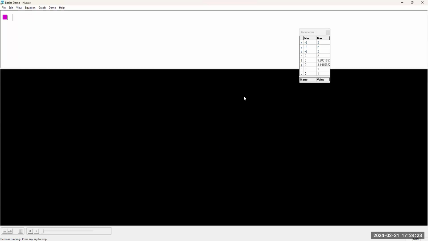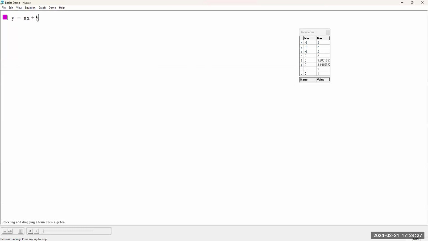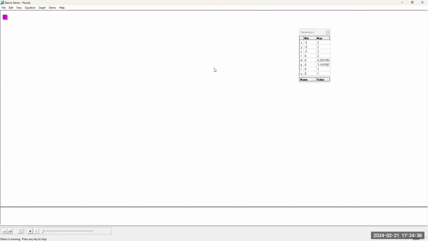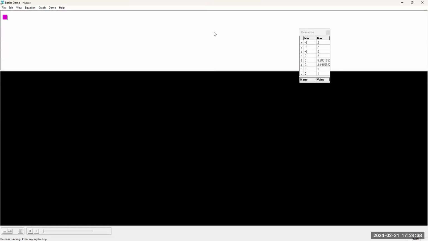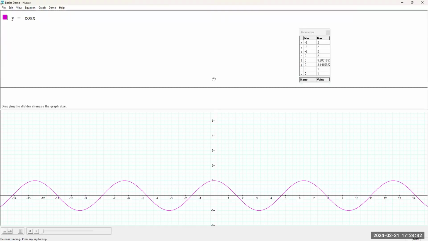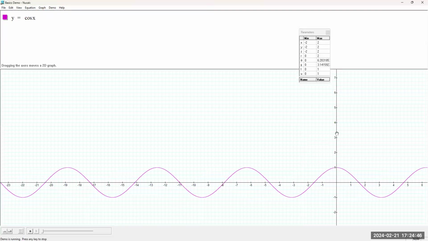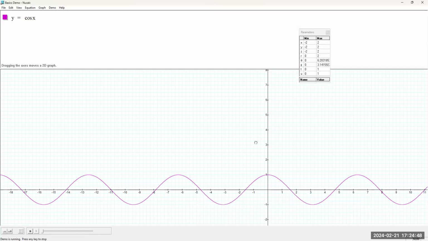It's not supposed to look like that. Maybe my computer's too fast, huh? You can drag. You can trace like earlier.